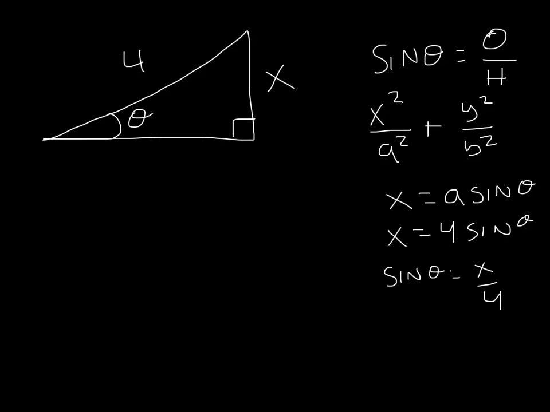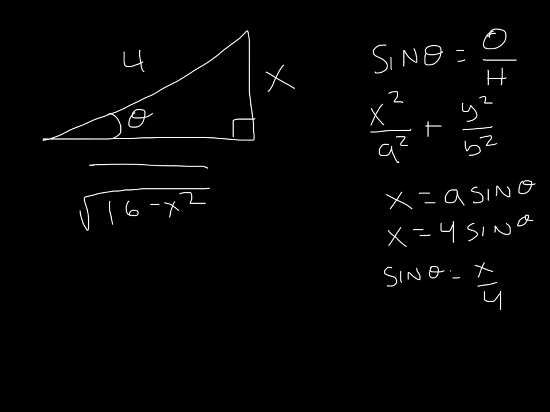Now we use basic a squared plus b squared equals c squared to solve for this here. It would give us what's originally in our function, which is 16 minus x squared.